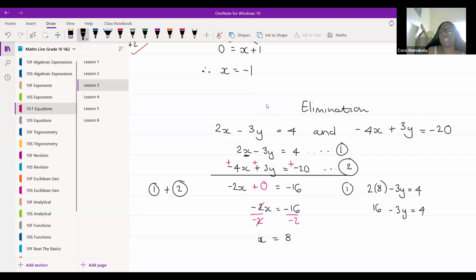I'm going to take the 16 over to the other side, and I'm going to get negative 3y is equal to 4 minus 16. And that is negative 3y is equal to negative 12. And then we're going to divide both sides by negative 3. And that means y is then equal to 4. And those are the two answers.